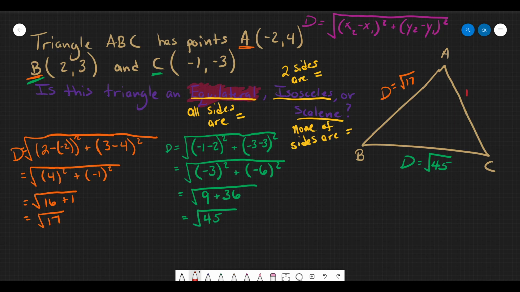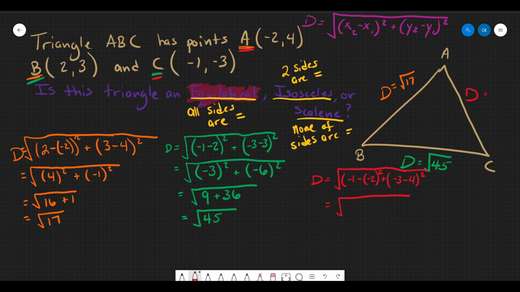I have to do the distance of AC. So now I'm working with A and C. So here my x2 is going to be -1 minus my x1 of -2 squared, my y2 -3, my y1 4 squared.